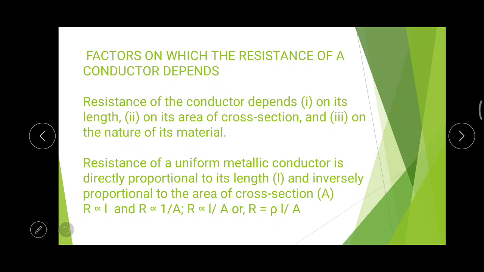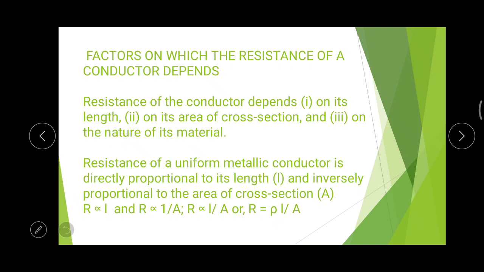That means if you are increasing the length of the conductor, then the resistance value will also increase proportionally. Suppose if you are doubling the length, then the resistance value will also double. Okay, now let us come to the cross sectional area.